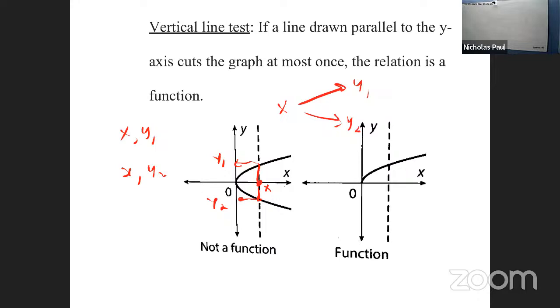So that type of mapping is one to many. One to many is not a function. Okay, so make a note of that, please. One to many is not a function.